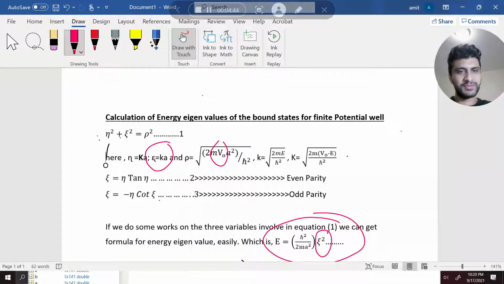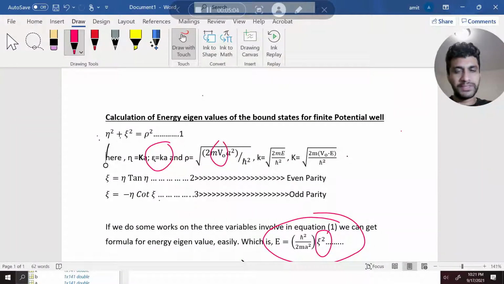You will get certain energy levels. You cannot get energy in the continuous form. All energy states are not possible. You have to calculate here the possible energy states. So we have to solve this transcendental equation for xi.